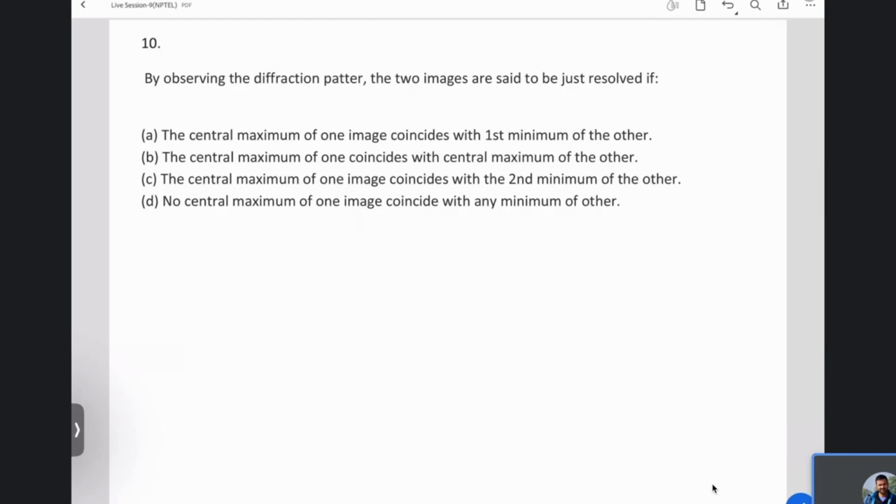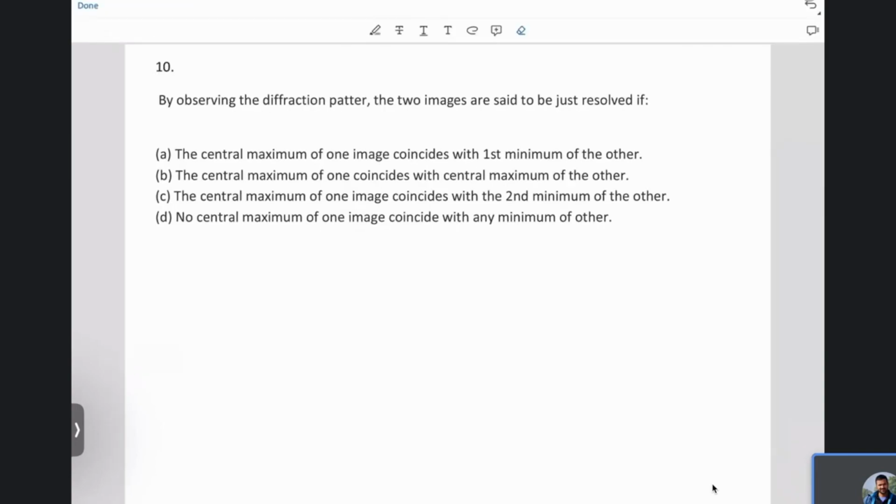Now 10th problem. This is the last problem. So here, by observing the diffraction pattern, the two images are said to be just resolved. You know, the diffraction pattern is very important while using optical instruments.